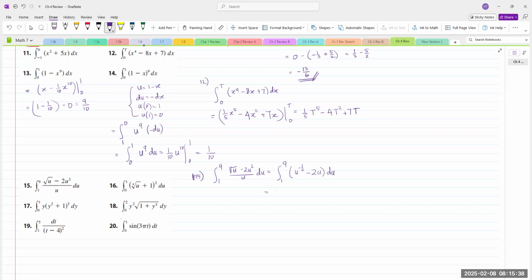This is 2u to the 1/2 minus u squared from 1 to 9. At 9, this will be 2 times 3 minus 3 squared. Minus at 1, that will be just the coefficients. So 6 minus 9, negative 3, minus 1, that's negative 4.